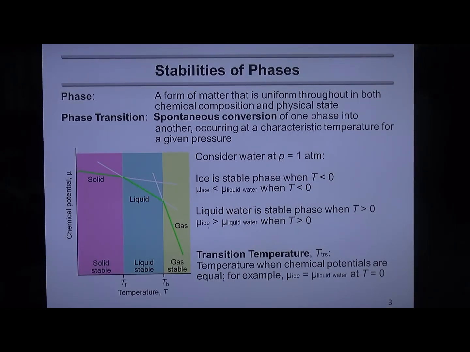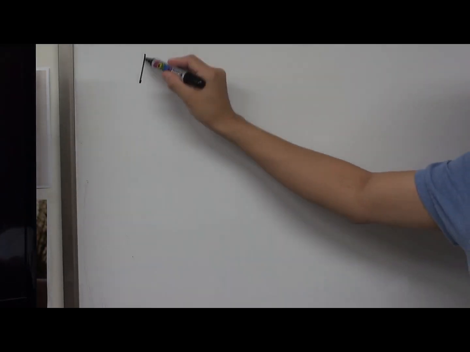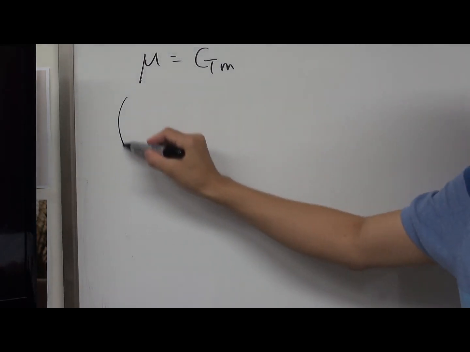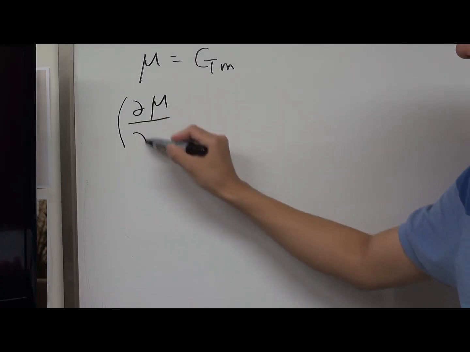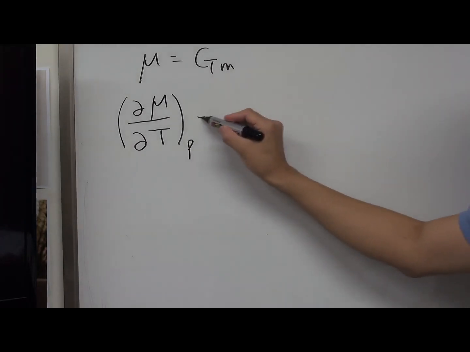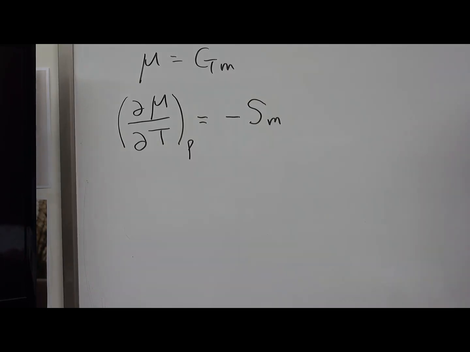If you recall the molar Gibbs energy from chapter 3, mu is basically molar Gibbs energy. And remember how mu, or Gibbs energy, changes as a function of temperature. That was the same as minus molar entropy, right?